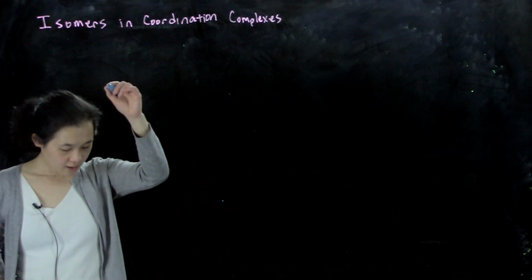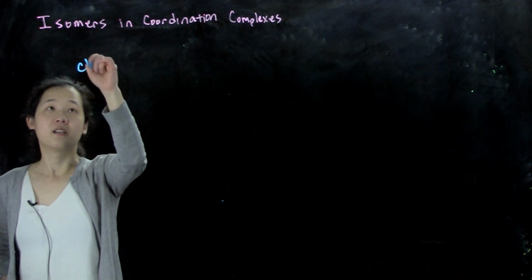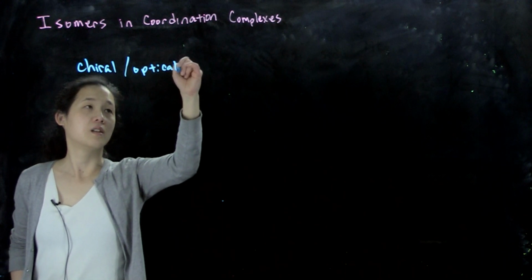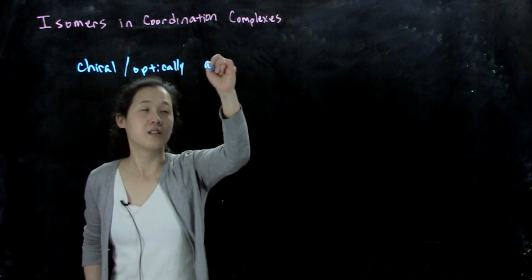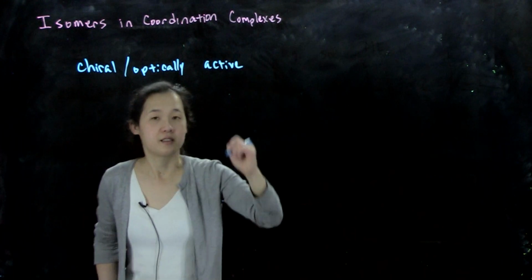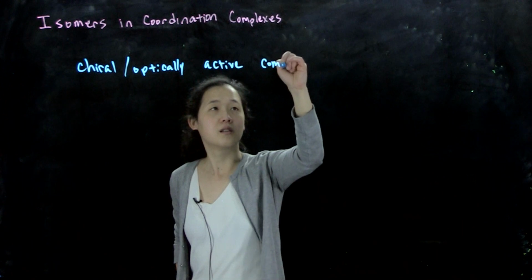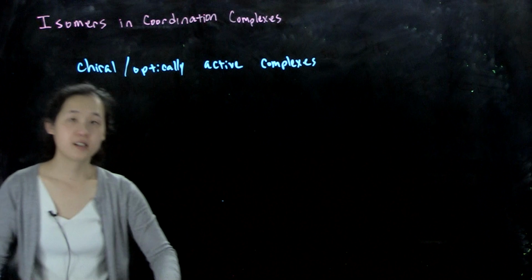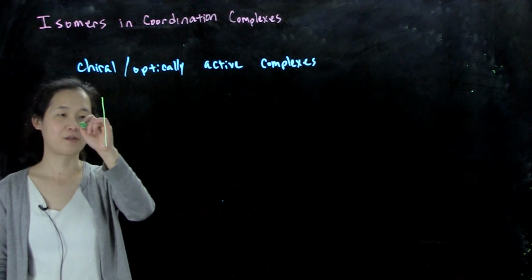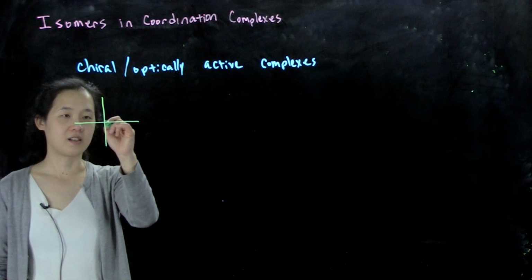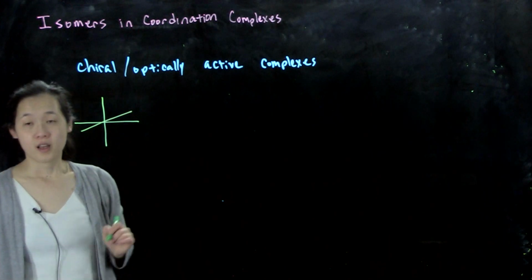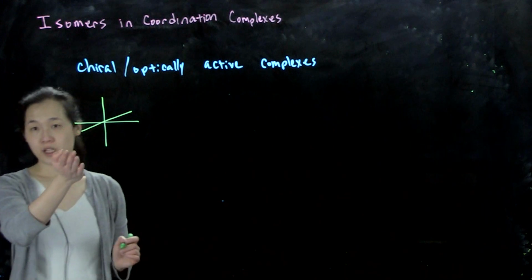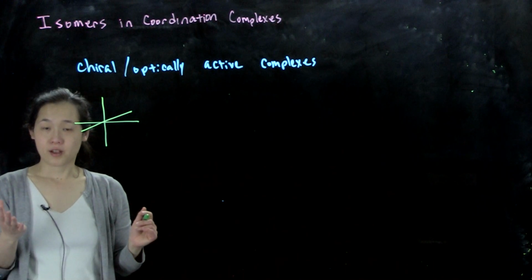let's say chiral, optically active. OK, so for an octahedral complex, here's my octahedron. I won't draw the metal in the middle. If I have all the same ligand, it's really easy to have a mirror plane in an octahedral geometry because you have such high symmetry.